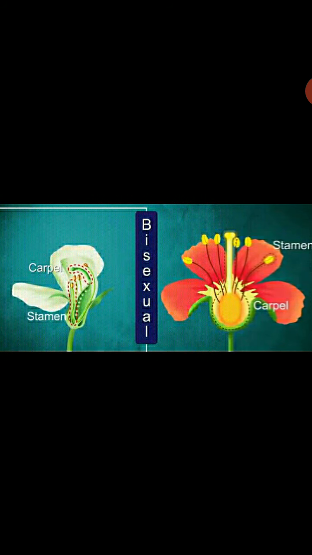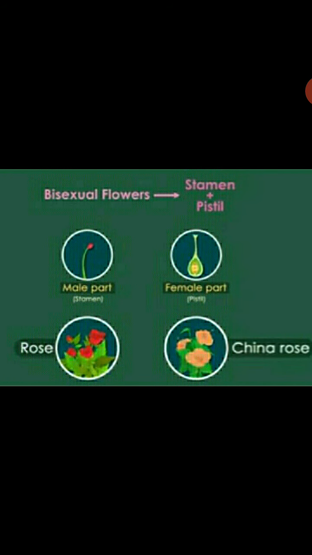Some flowers contain both the sex organs, stamens as well as pistils. These types of flowers are called bisexual flowers. Flowers like rose, China rose, hibiscus, mustard, etc. come under bisexual flowers.